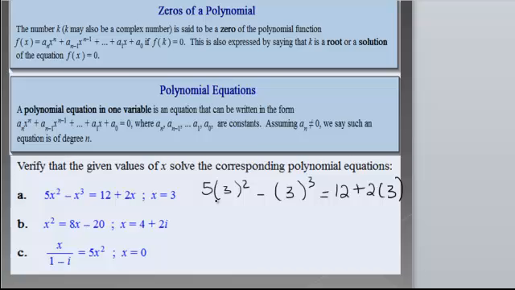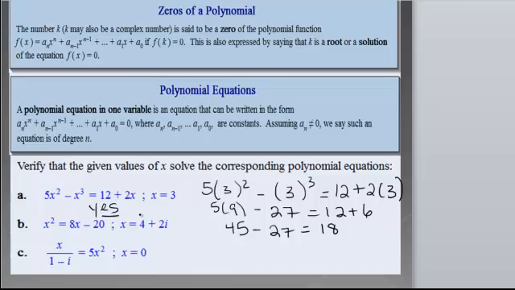Well, this would give us what? 5 times 9 minus 27 equals 12 plus 6. So 45 minus 27 is equal to 18. Is 45 minus 27 equal to 18? And it is. So 3 is a solution for this equation.